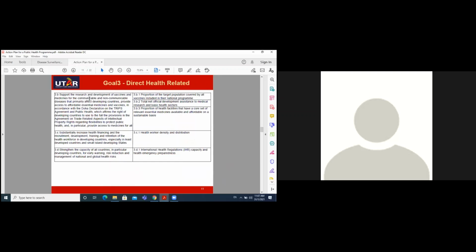And of course we have research and development of vaccines here, and we also want to increase our health financing, because currently in Malaysia, health financing is largely out of pocket, meaning that we still need to pay to access healthcare facilities.